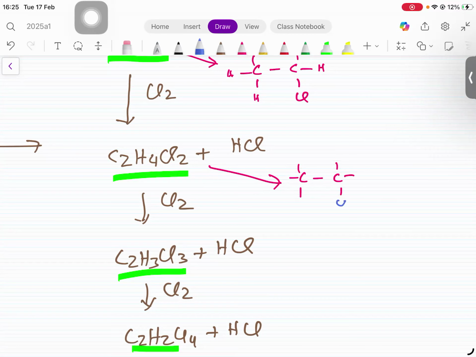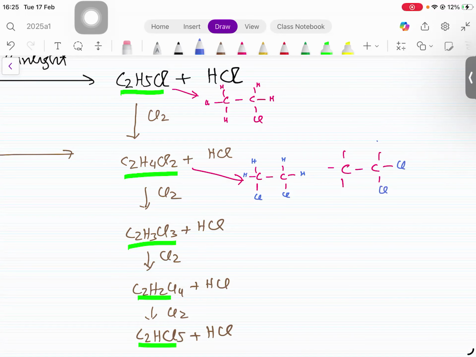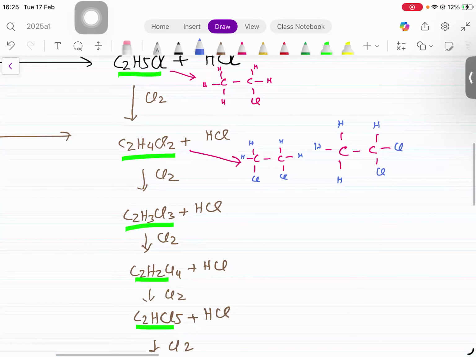One is 1,2-dichloroethane, and another isomer can also be formed, which is 1,1-dichloroethane. So C2H4Cl2 is not one product. Whenever C2H4Cl2 is formed, there will be two products: 1,1-dichloro and 1,2-dichloro.